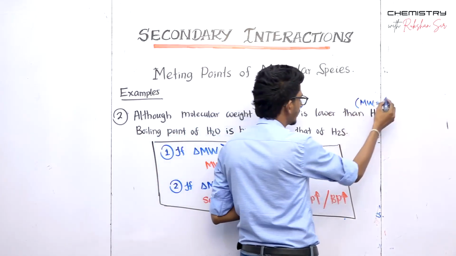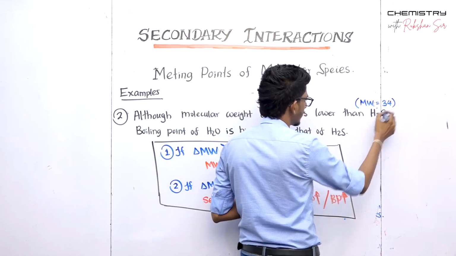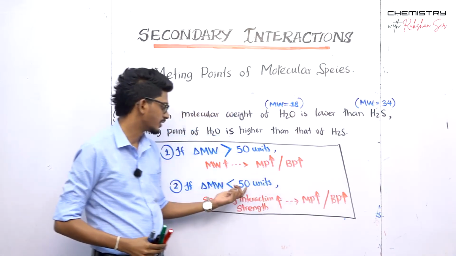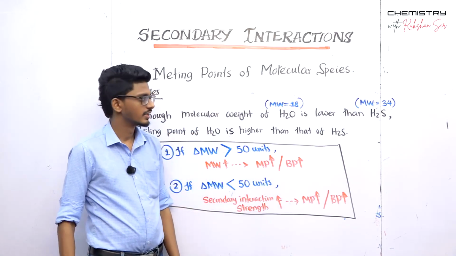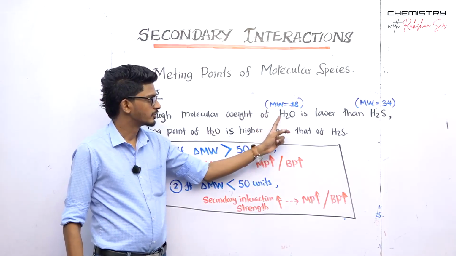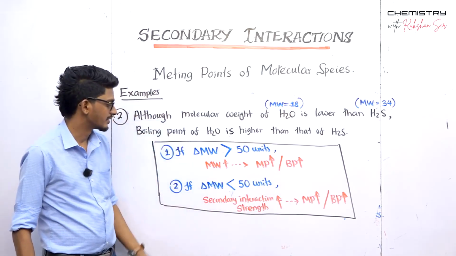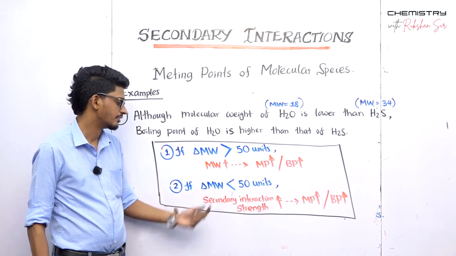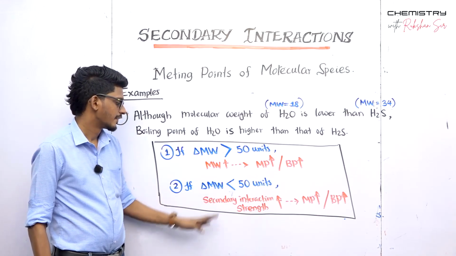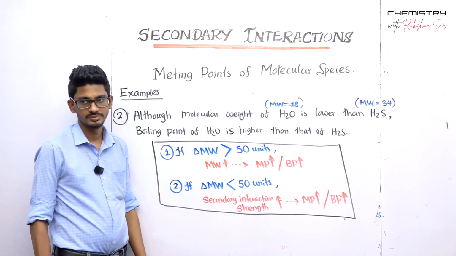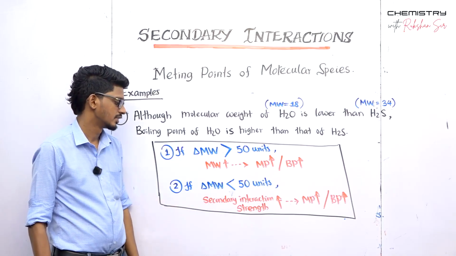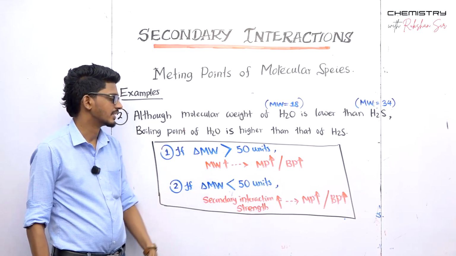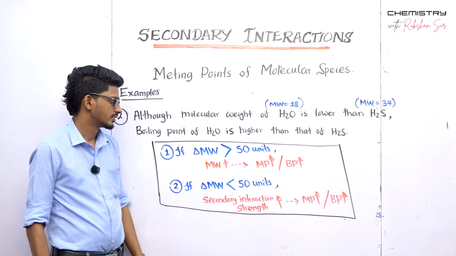So for these two, the molecular weight difference is less than 50 units. So the secondary interaction strength matters, not the molecular weight. With this, we are able to comment on which one will carry the greater boiling point.